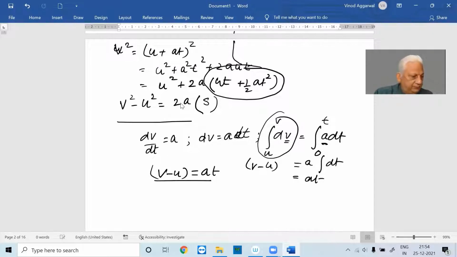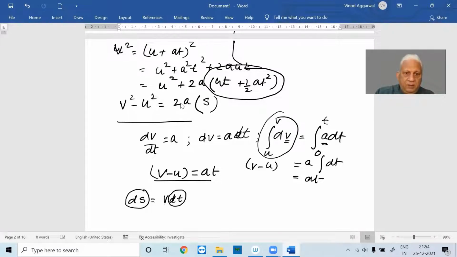Now similarly, we know distance traveled is equal to velocity times t, and we take a very small distance traveled ds in a very small time dt, where v was constant.